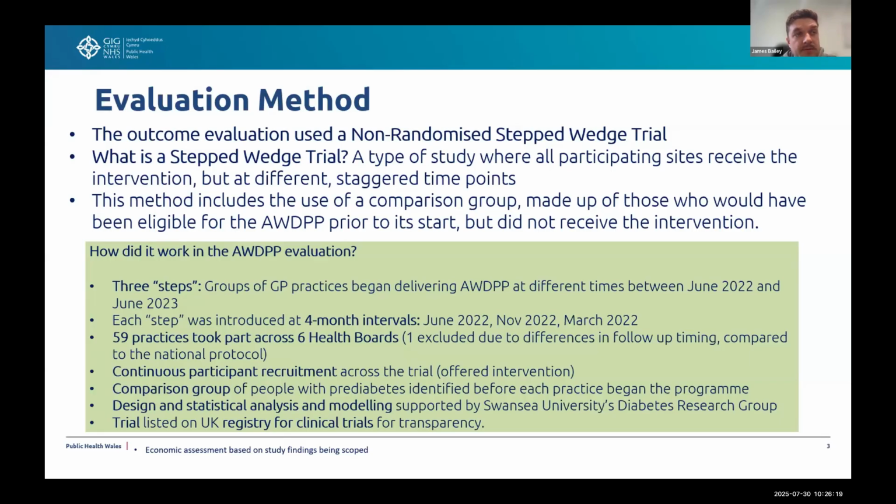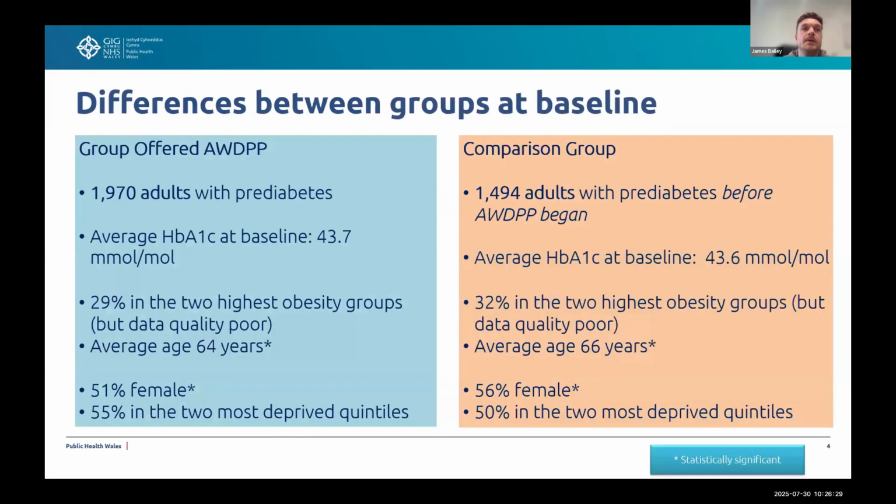To note, Public Health Wales led this evaluation, although support was given by individuals within Swansea University's Diabetes Research Group. We looked at a comparison group that was individuals within participating practices that were pre-diabetic before the programme was introduced.